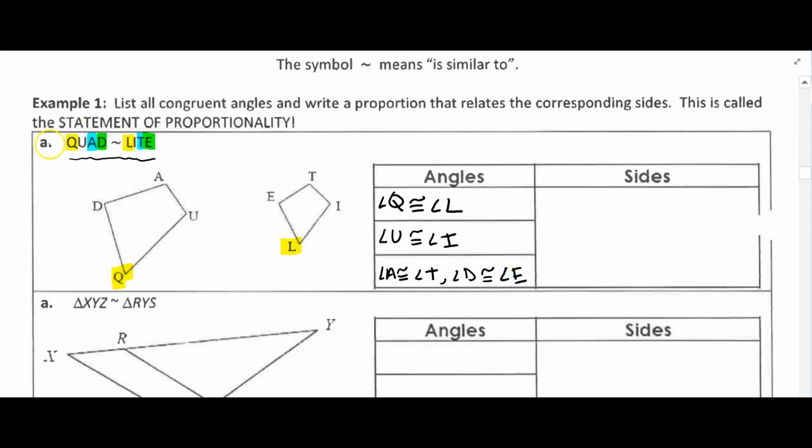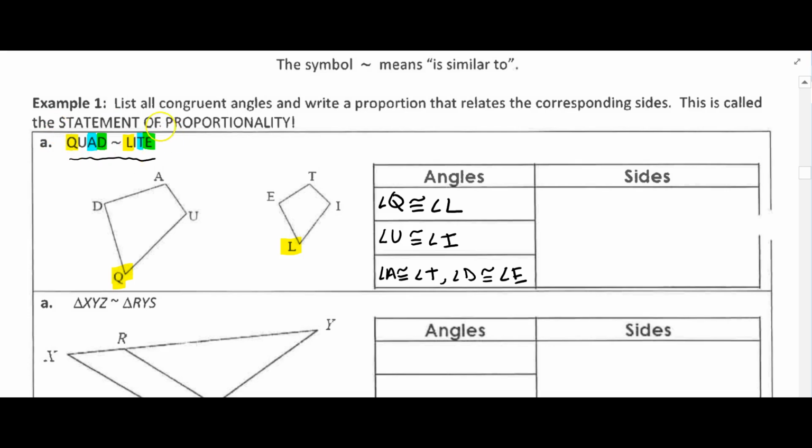Sometimes it's easier to use the similarity statement in case the two figures are not in the same orientation. Now for the sides we have to write the statement of proportionality.